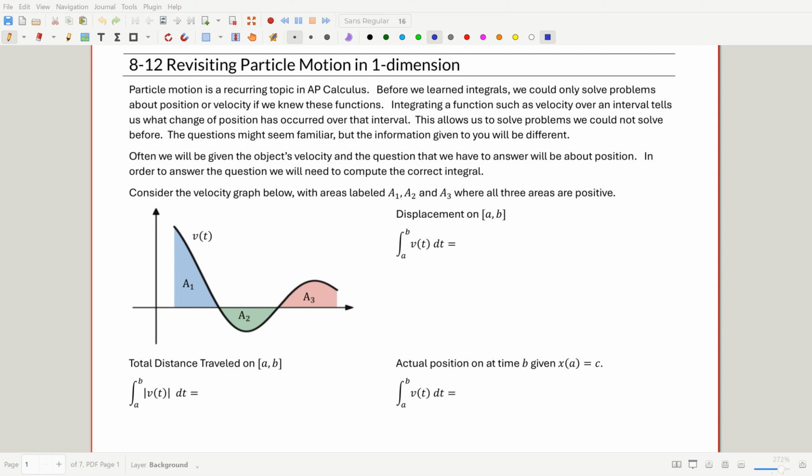So we've got a graph that I've kind of shown here. The 3 big questions that we can ask, this is a graph of velocity. So we're looking at velocity, the most common thing to get, because then we can get back to position from it. This is purposely done like this, where we have a positive area, a negative area, and another positive area.